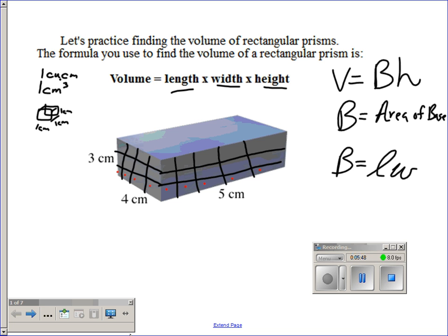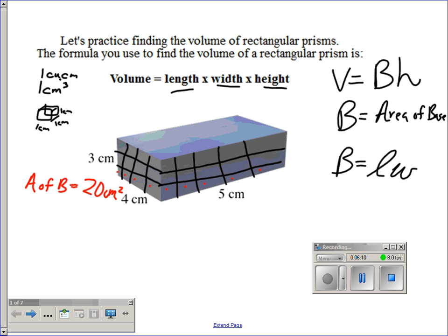All right. So we would go through and we'd say 4 by 5, and this equals the base by itself, the area of the base is going to be our 20 centimeters squared. Now we need to multiply it by how high it is, the height.